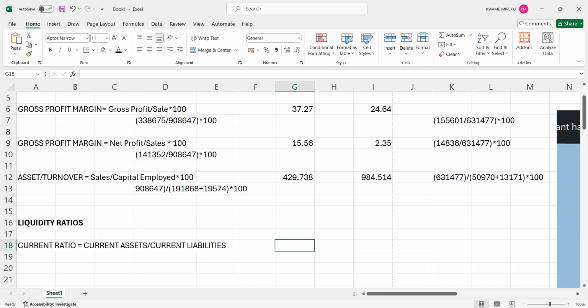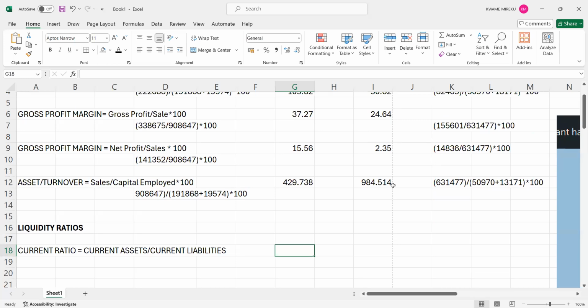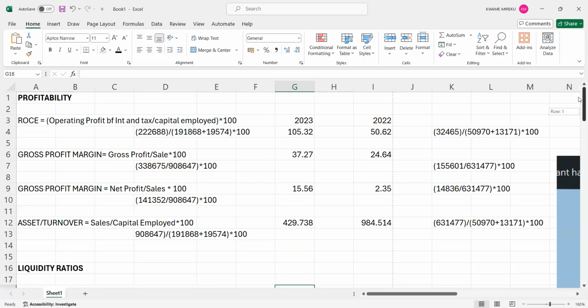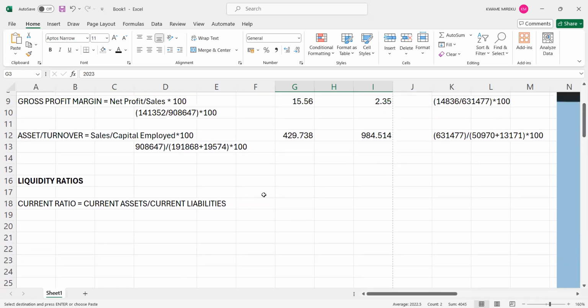So please get your financial statements ready so that you can get the figures as and when you need them. Here, we need our current assets for 2022. Let me copy the years here so at least if you go high, you can still relate. We are still doing the company. Can you check and give me the current assets for 2023?